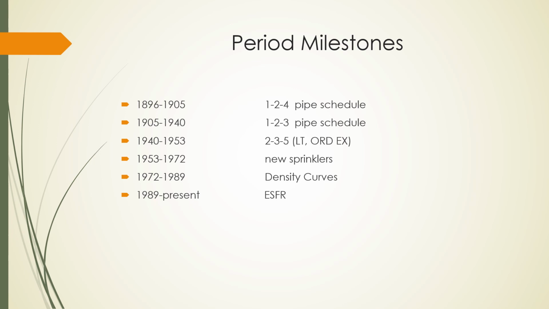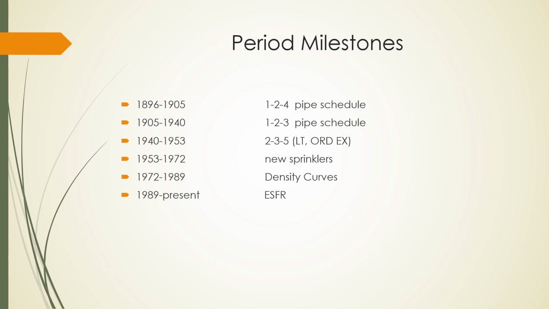So the first would be at the initiation of NFPA 13, 1896 to 1905, and that would be a 1-2-4 pipe schedule system. I'll explain what pipe schedule means in a minute. Then 1905 to 1940 was the 1-2-3 pipe schedule system. And 40 to 53 was the 2-3-5 with the breakout of light, ordinary, and extra hazard occupancies.